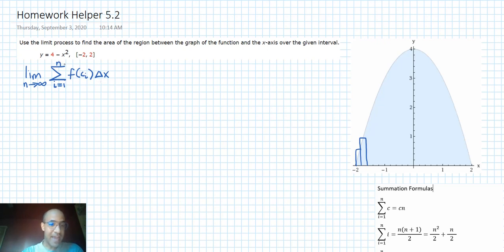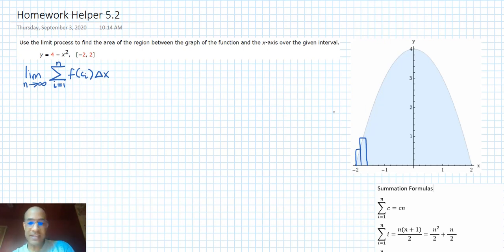N stands for the number of rectangles, and then we take the number of rectangles to infinity. So we have infinitely many tiny, infinitesimally wide rectangles, and we add up all those areas together. All we're really doing, in a very fancy way, is adding up a whole bunch of rectangles, infinitely many of them, in fact.